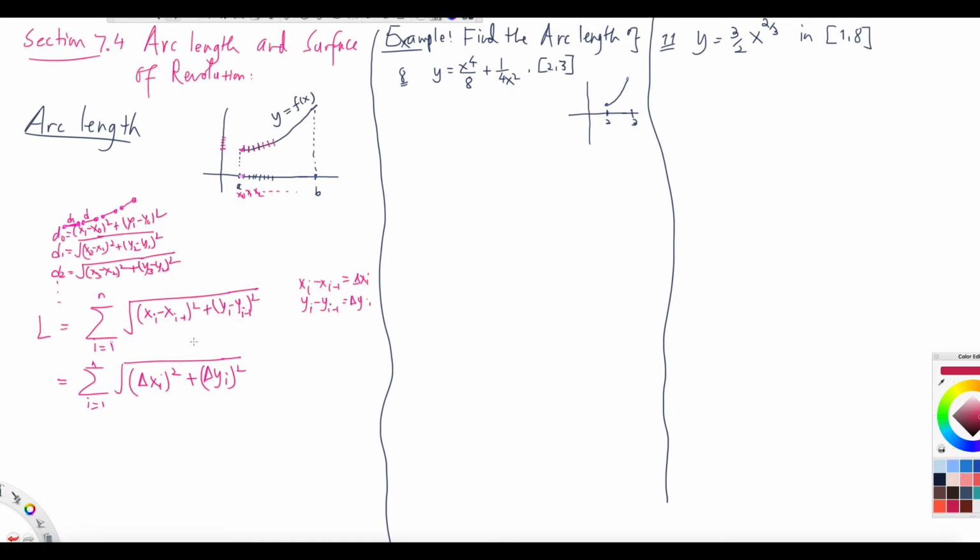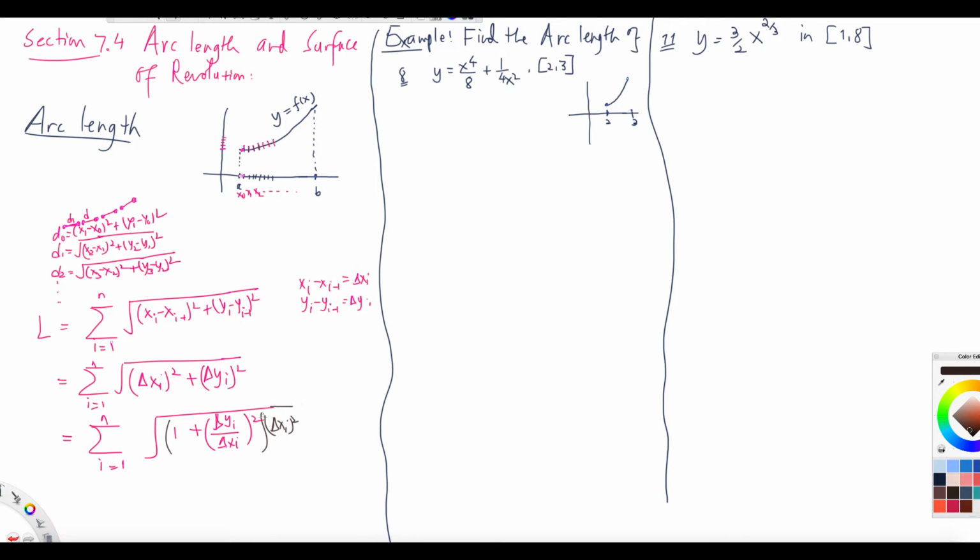Then I will get the summation, i from 1 through n, of the square root of 1 plus (delta y_i over delta x_i) squared, because I'm taking delta x_i squared inside the root.